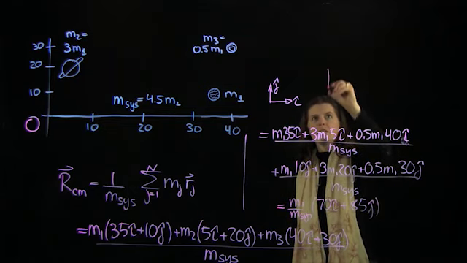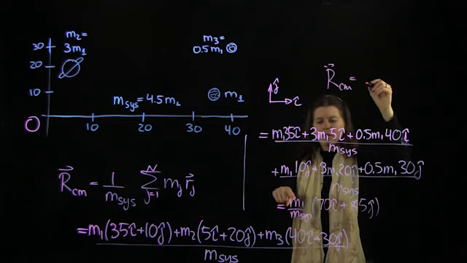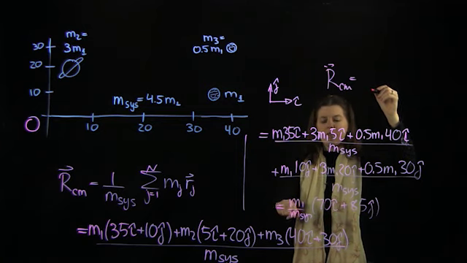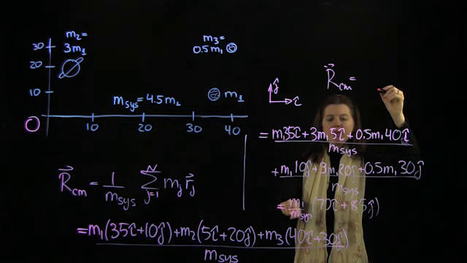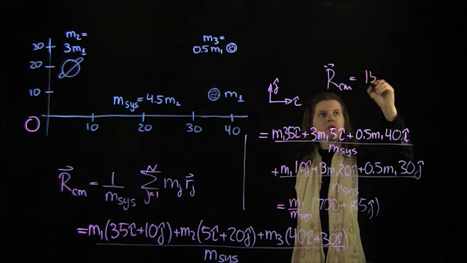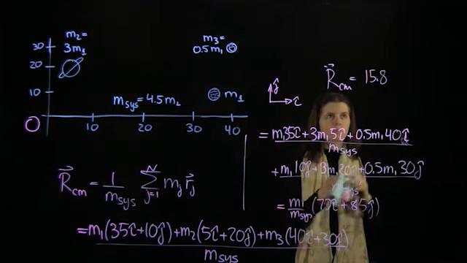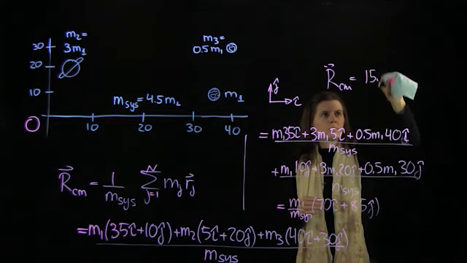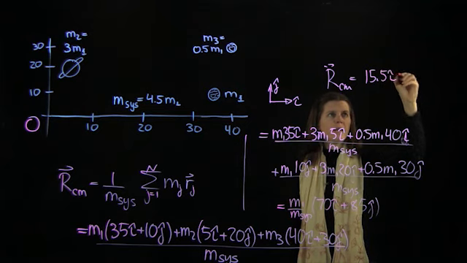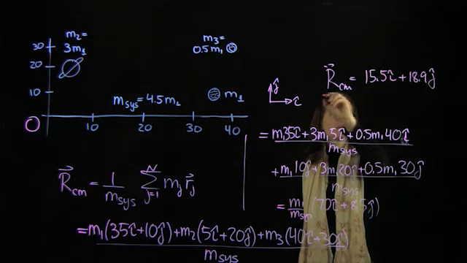And so we will get in the end that RCM equals m over 4.5 m. So the m goes away, and we have a factor of 1 over 4.5 here. We'll divide this through, and we're going to have 15.5 in the I hat direction and 18.9 in the j hat direction.